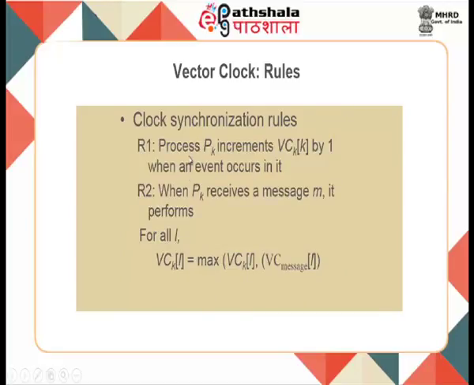The first rule says that a process Pk increments only the kth part of the vector VCk by 1 for every event occurring in the process. The second rule says that if it is a receive message, then it checks all the values and takes the maximum between its own clock and the vector time in the message.